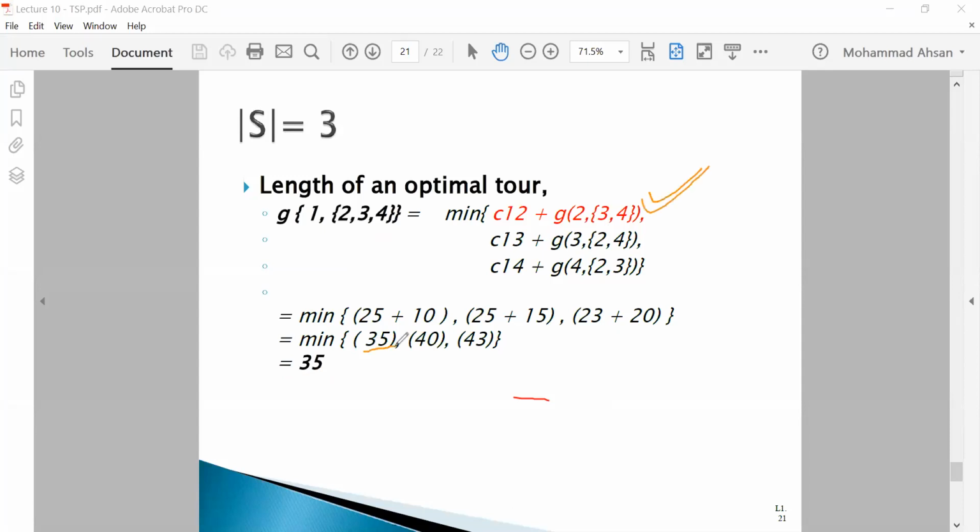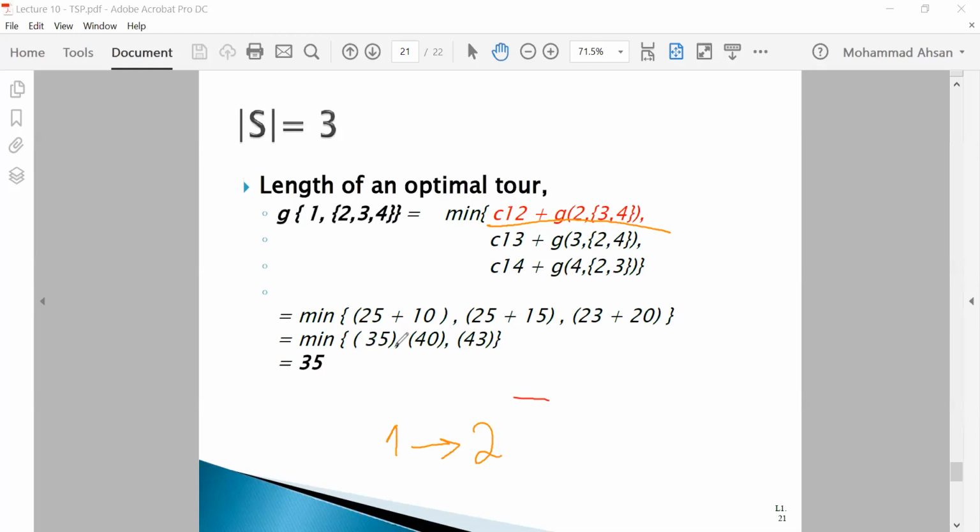Okay. What does that mean? That means when we were at 1, we have selected 2. We have selected the cost of going from 1 to 2. And then our problem was going from 2 through 3 and 4 back to 1.